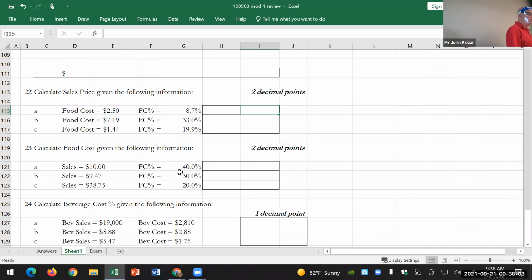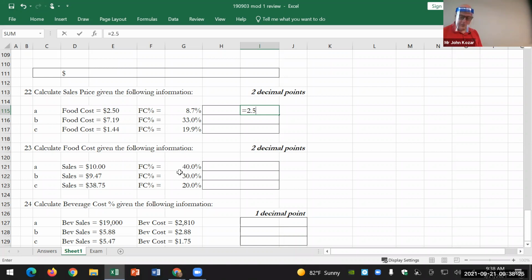Okay, I'm dividing the food cost by the food cost percentage. And just if you think about it, I'm looking for the sales price. Is it going to be higher or lower than $2.50? It's going to be higher. We want to sell our food for more than what it costs us.